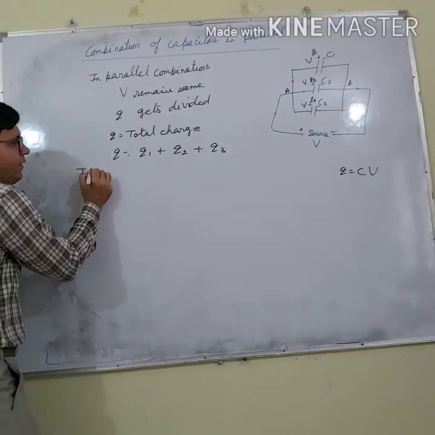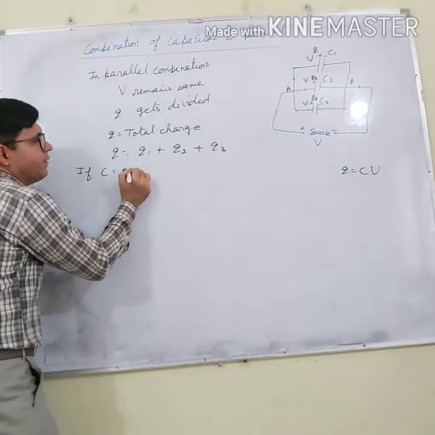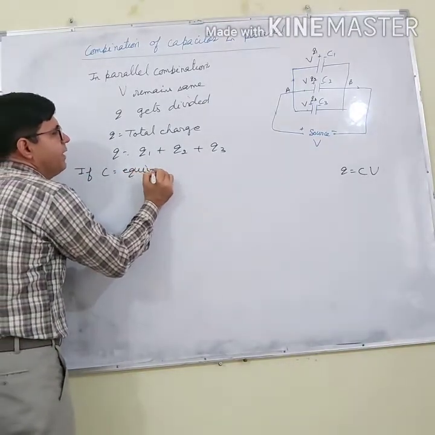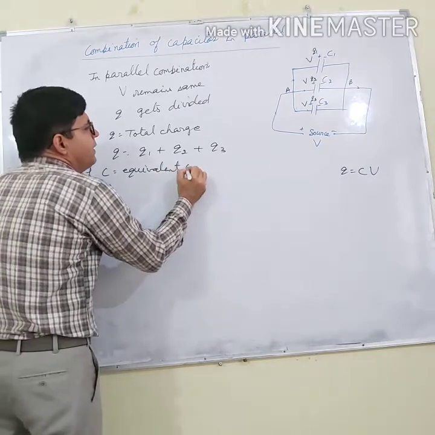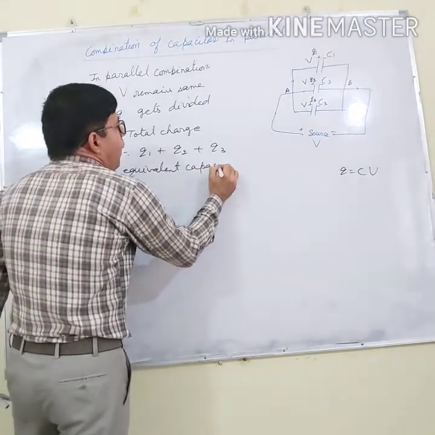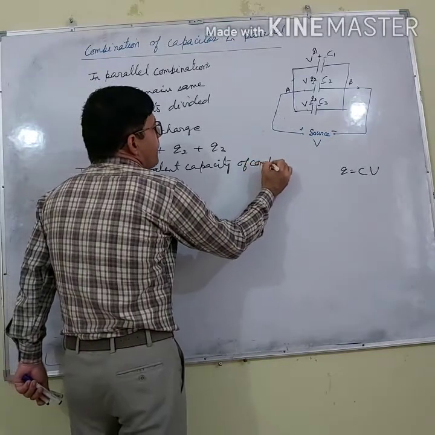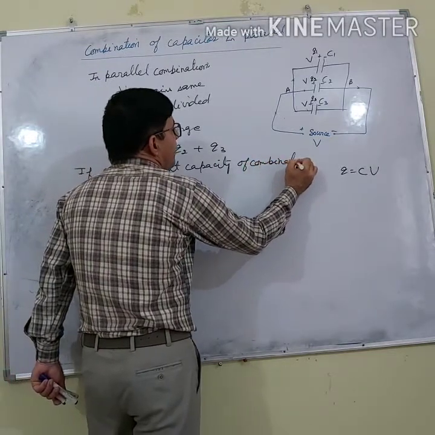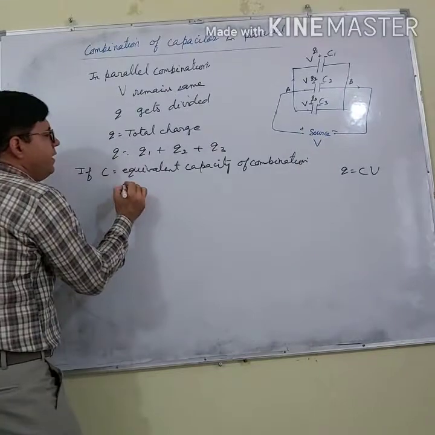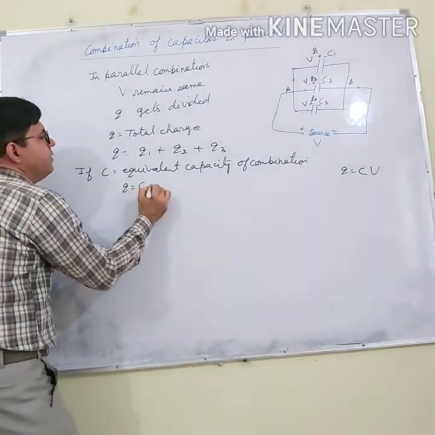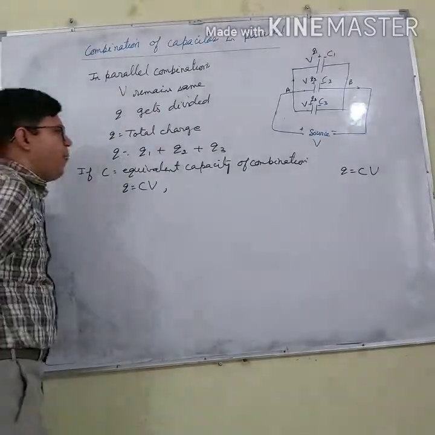If C is the equivalent capacity of the combination, then Q equals CV.